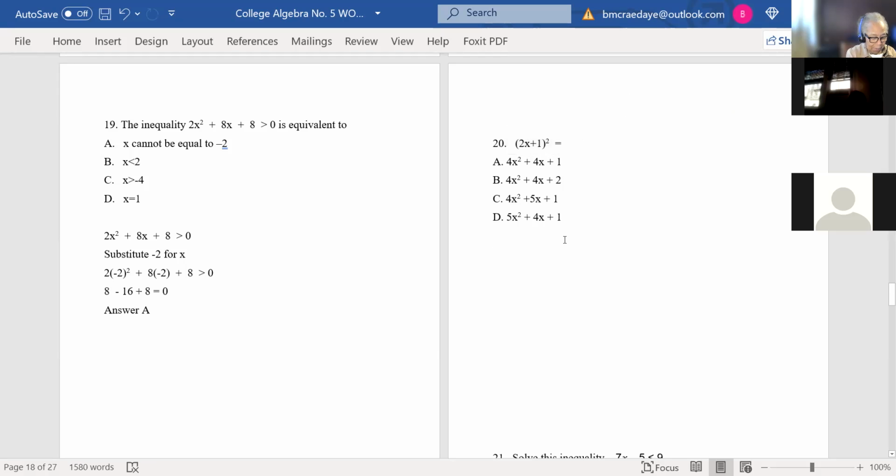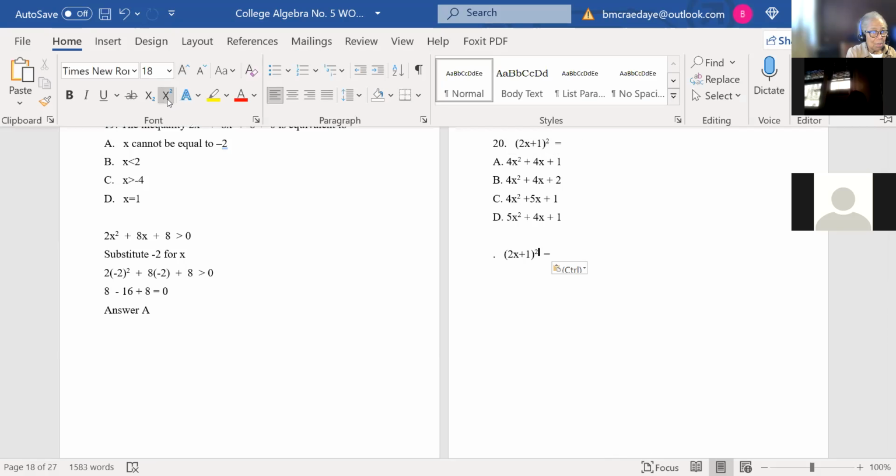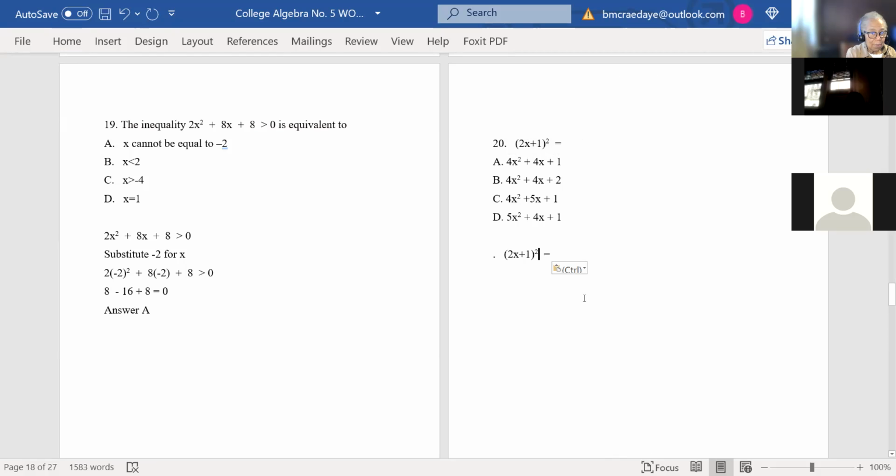So let's just copy this here. And this is 2x plus 1. And let me just take that out. Okay, so this is 2x plus 1 times itself.